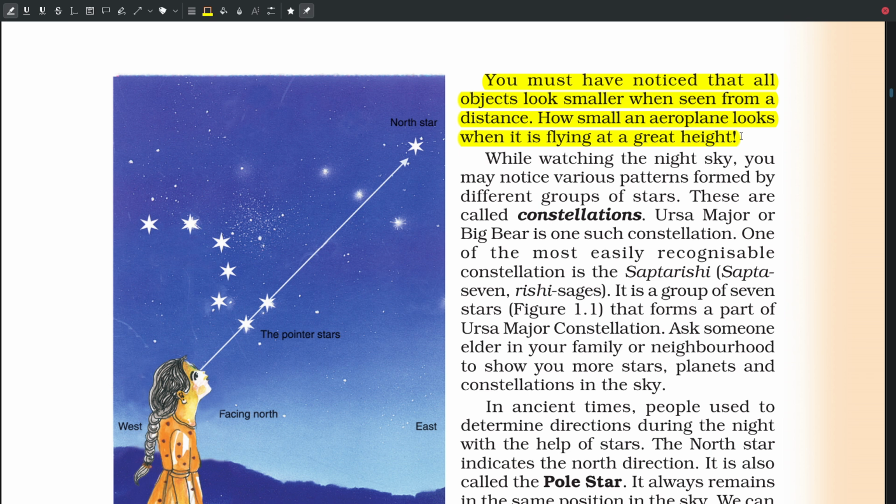The international or long distance flights fly at around 7 to 10 kilometers. So whatever aeroplanes or jets you see, they are flying at a height of 1 to 10 kilometers. That is the range.